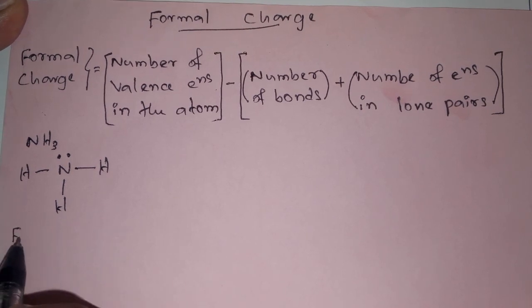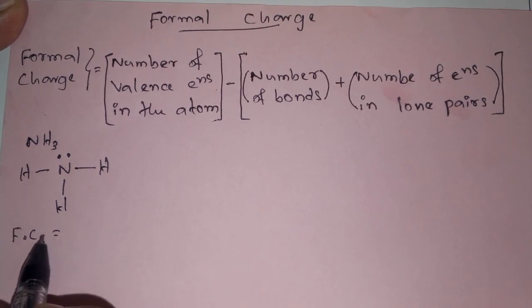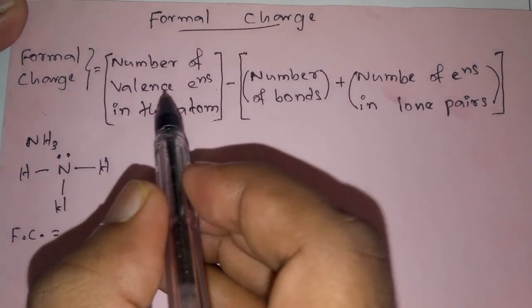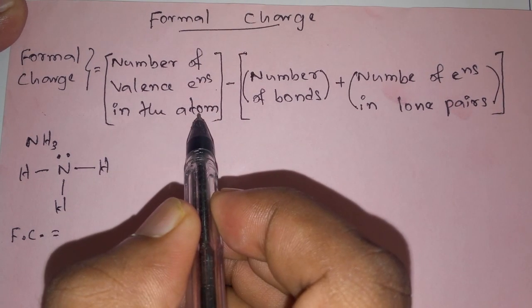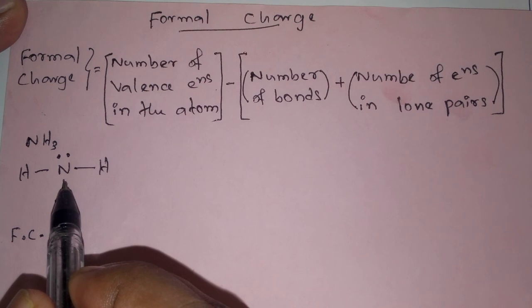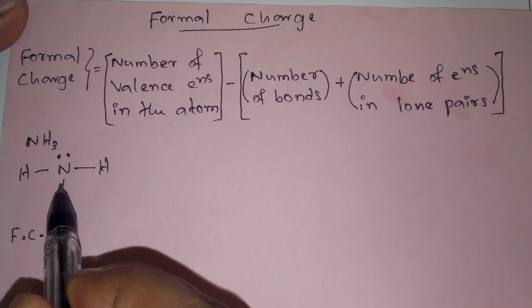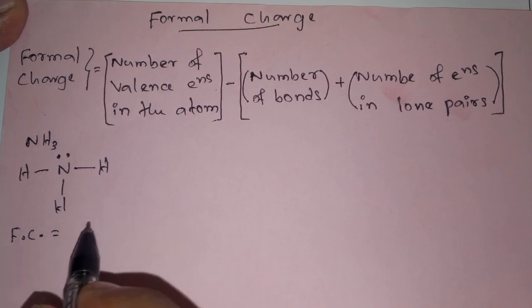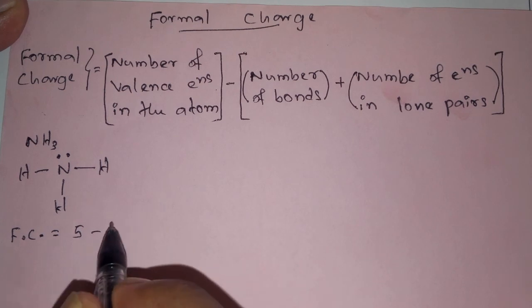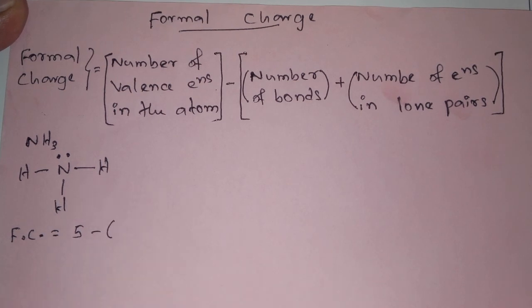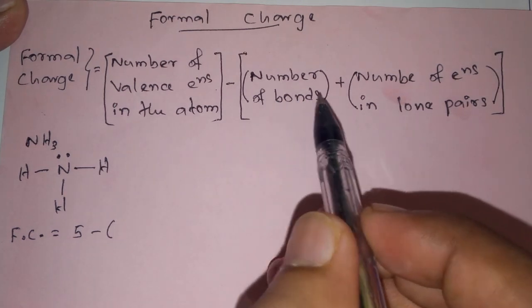Let's see, formal charge is equal to the number of valence electrons in the atom. We are considering nitrogen. So nitrogen belongs to the 15th group of the periodic table, so it has 5 electrons in the valence shell before formation of bonds, that means in the neutral atom. And next, the number of bonds.